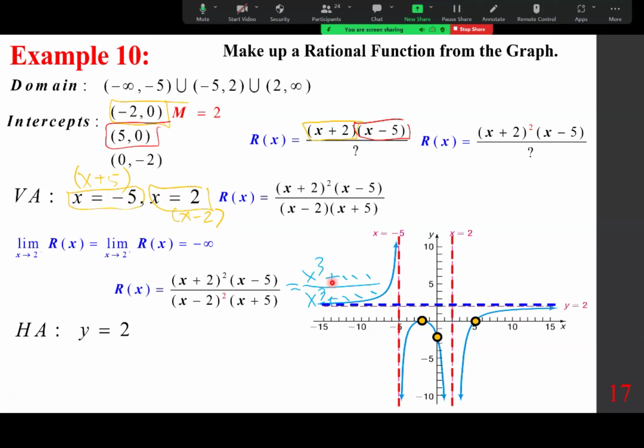They both have degree 3. However, how could y be 2? This must have a coefficient 2. Therefore, you put the coefficient 2 here. Y equals 2. That means we need a coefficient 2. I hope everybody is clear as to how we arrive at that conclusion.